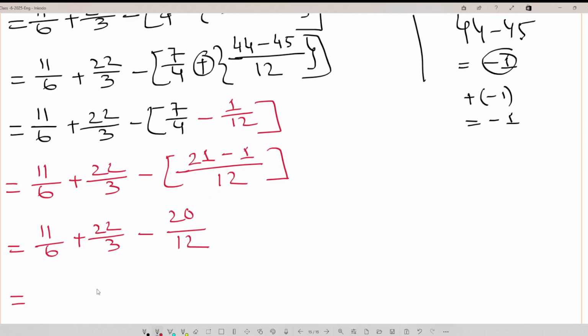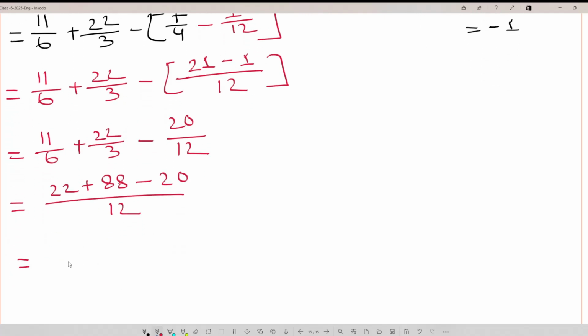So what is the LCM? It should be 12, so 12 by 6 is 2, 22 plus 12 by 3 is 4, 4 times 22 is 88, minus 20.